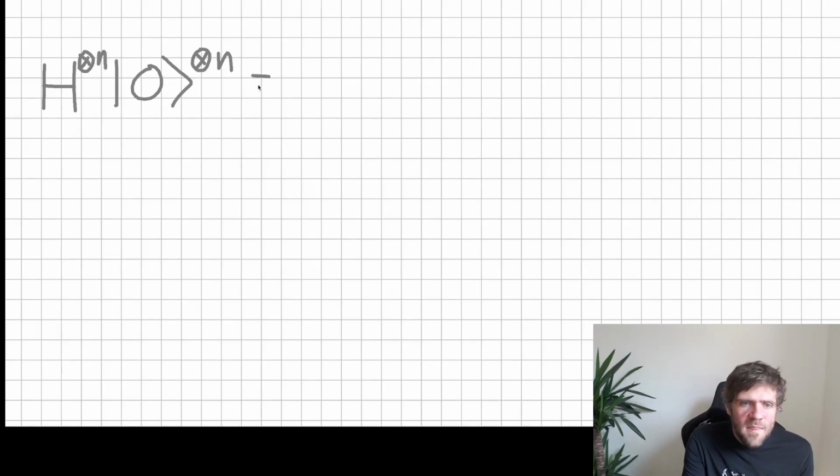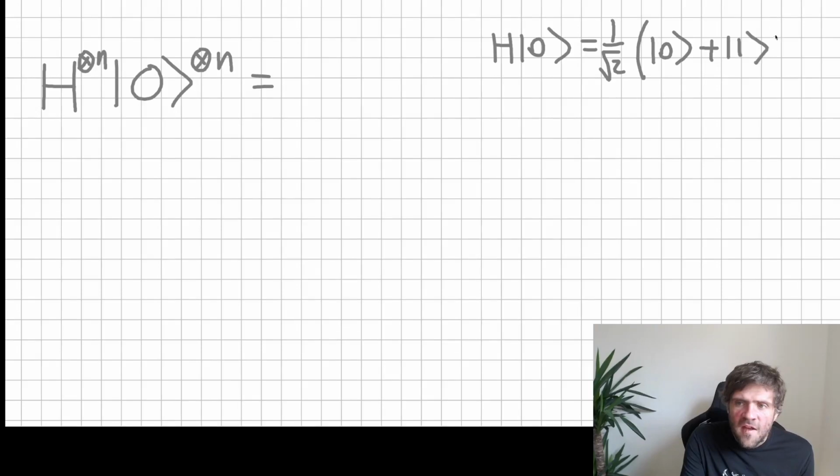Well, we can think of what happens when we apply a Hadamard to a single zero, and that is that we get this superposition of 0 and 1.